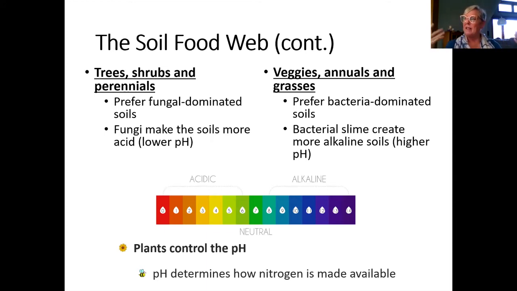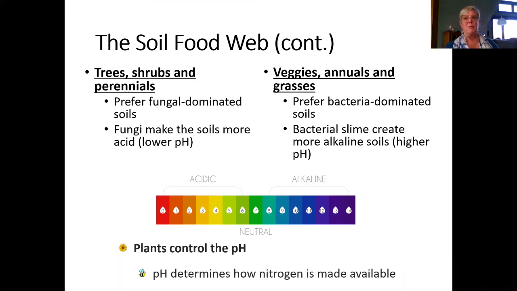The forests, like the oak woodlands and the pine forests that we live in here in El Dorado County for the most part, are more fungal dominated soils because we have so many trees, shrubs, etc. And so just knowing that helps give you an idea of what your soil may already have going for it.